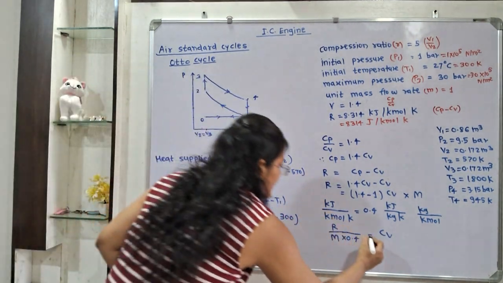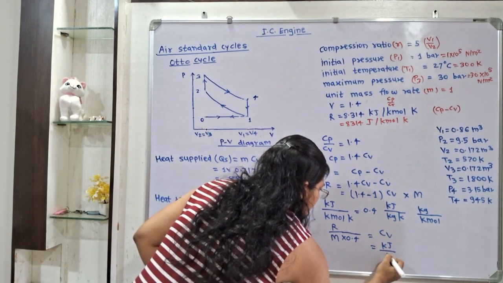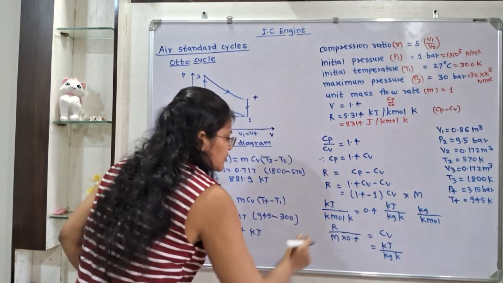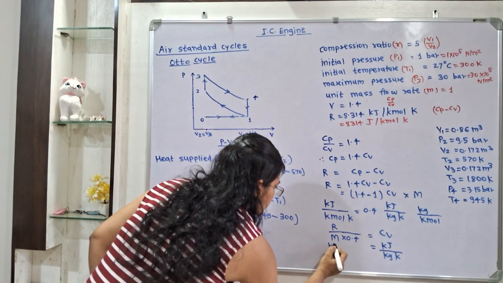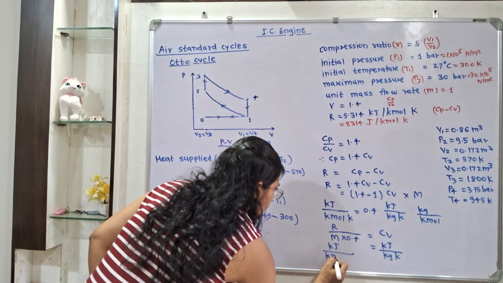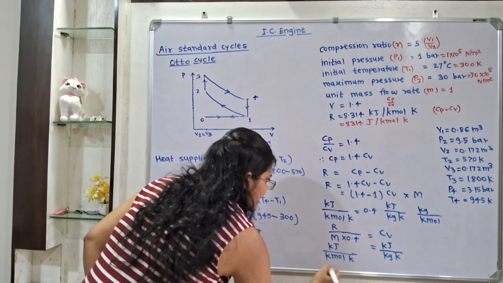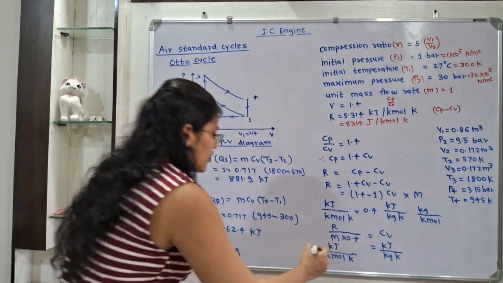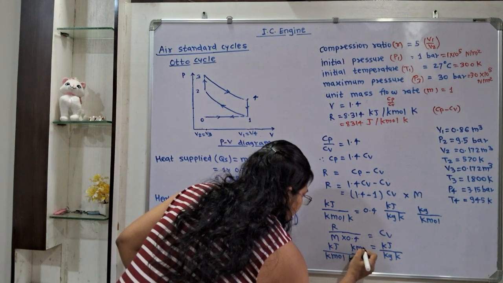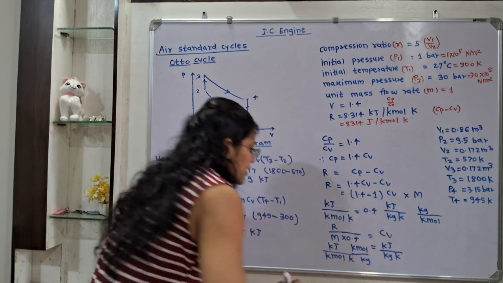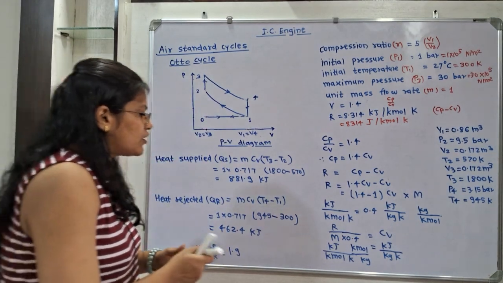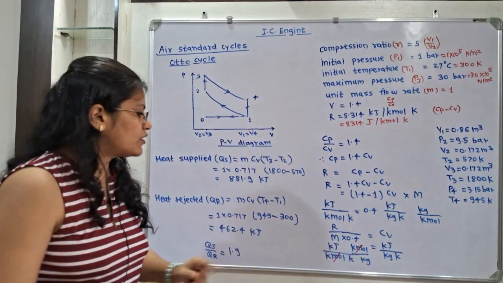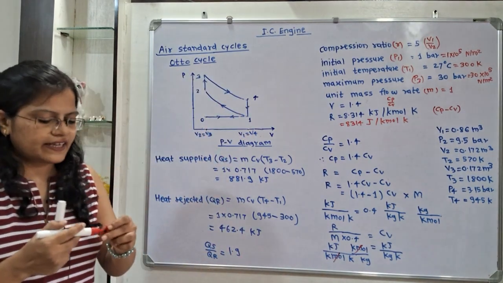Cv has kilojoule per kilogram Kelvin, and this unit we will transfer to the left hand side. So R is kilojoule per kilomole Kelvin divided by kg per kilomole. So we will reverse it and write kilomole by kg. Now if we observe, this kilomole is getting cancelled, and we get kilojoule per kilogram Kelvin. So right hand side and left hand side are getting balanced.